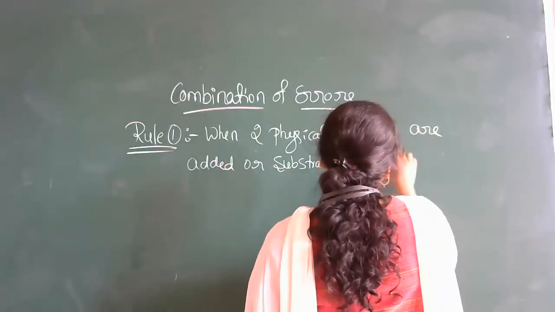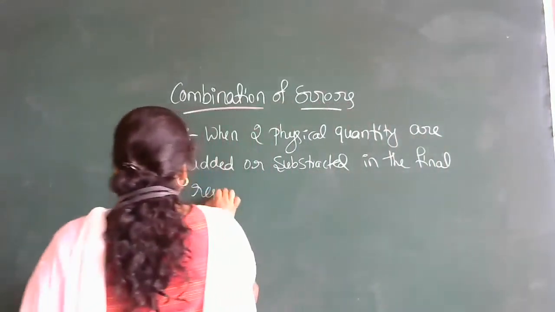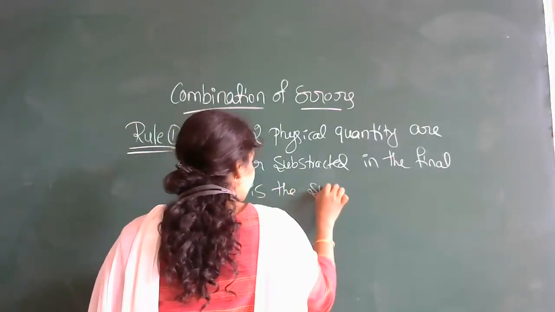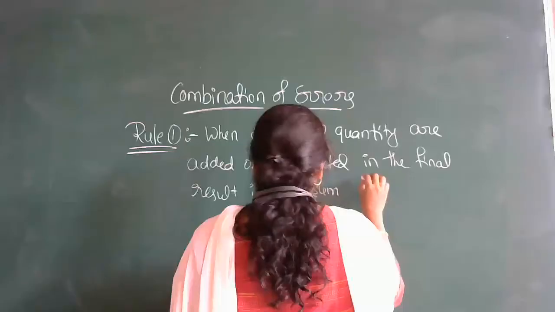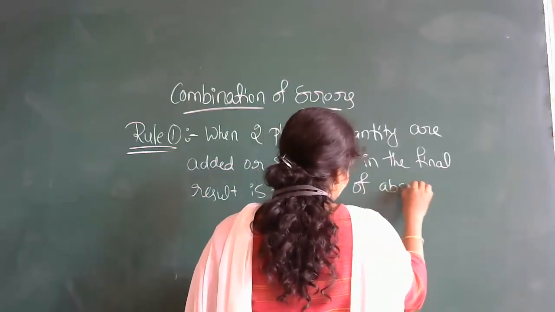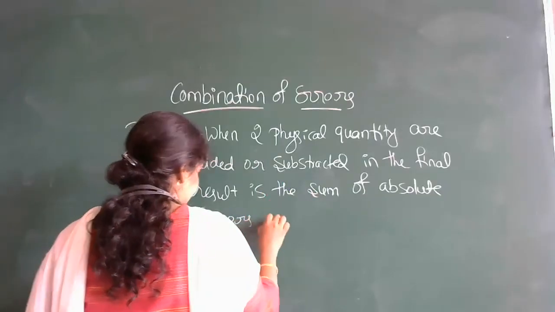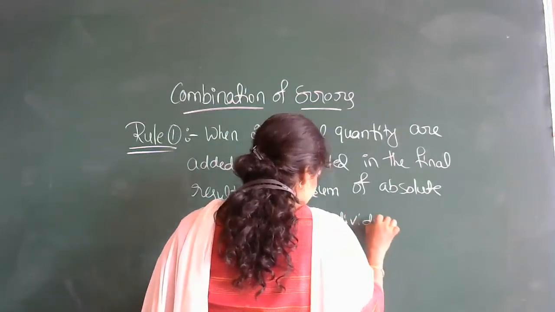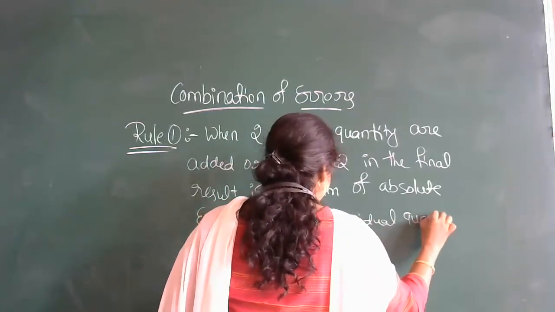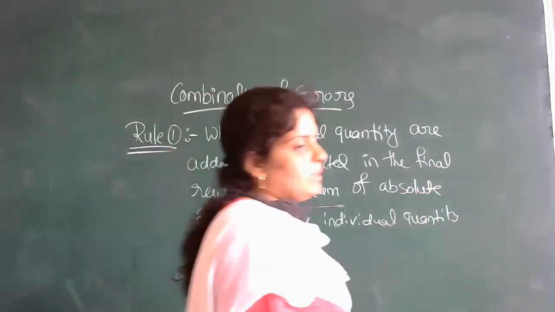In the final result, the error is the sum, means addition, of absolute errors in the individual quantity. The statement is big, so if you understand the example, you will understand the statement.